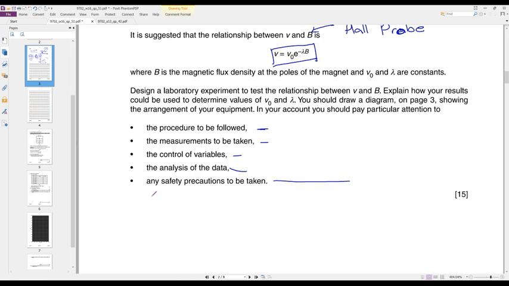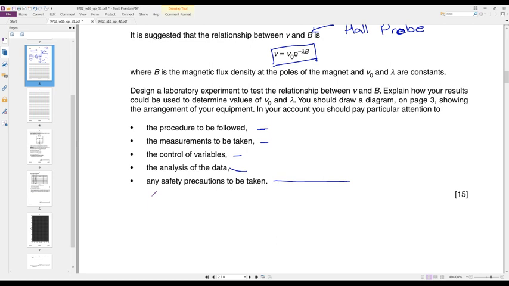So in this case, one point is you always do repeats, right? That's always important. So you would actually get this mark for just saying, essentially, do the experiment and measure V 3 times for each value of B. You would get this mark.